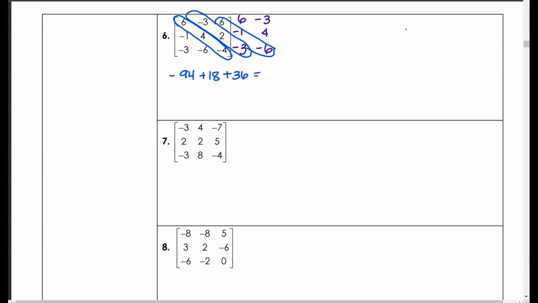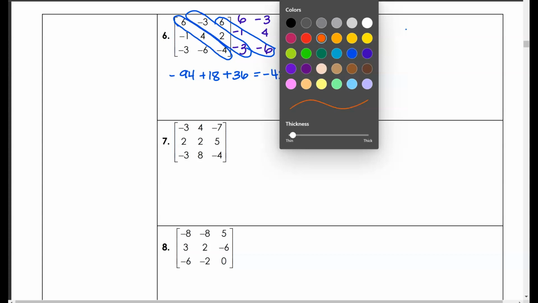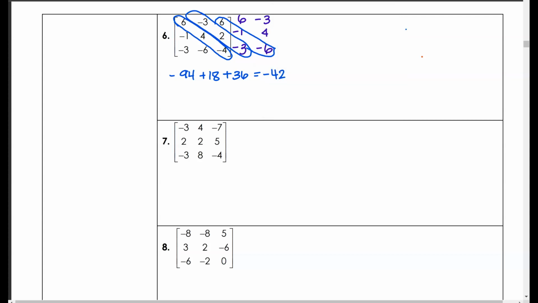So let's sum these up. Negative 94 plus 18 plus 36. This gives me a negative 42. Now, let's go ahead and calculate those upward diagonals. So we have negative 3 times 4 times 6. And that's going to give us a negative 74. Plus, now we have negative 6 times 2 times 6.